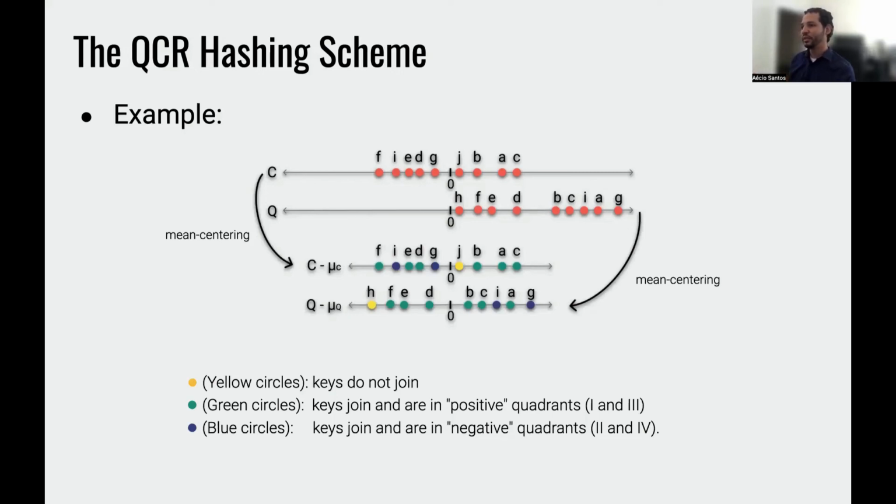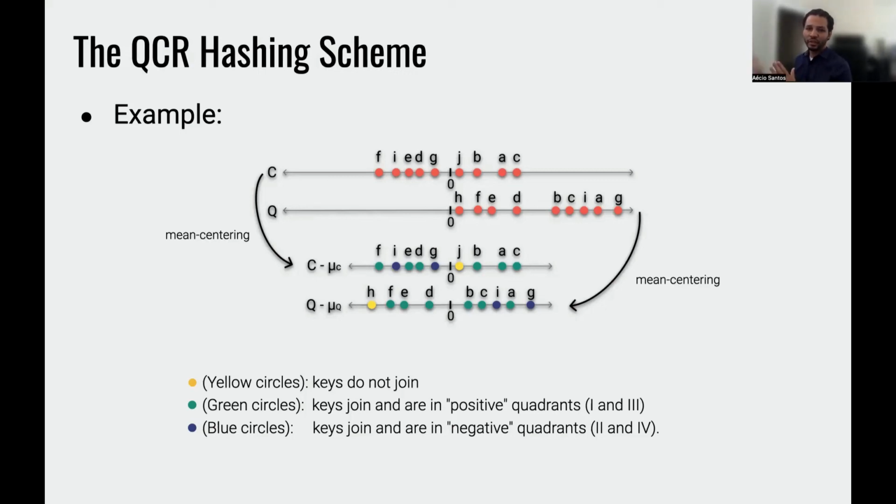After this mean centering, we essentially can see here that the points that do not join, we can divide this in 3 cases. Points that do not join, for example, here the yellow points, J and H, they do not join because the join keys are not present in both columns. So J is not present in the other table, so they do not match. For points that are present in both tables, for example, in this case, we have B, A, and C. B, A, and C, they are present in both tables, and they are above the mean.